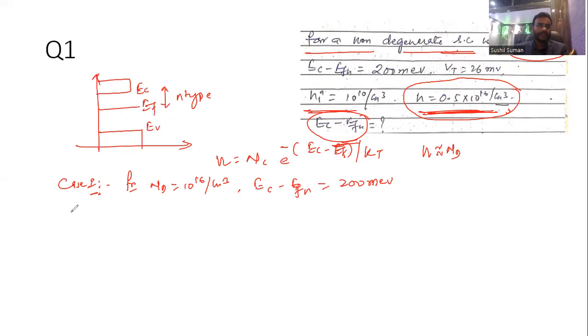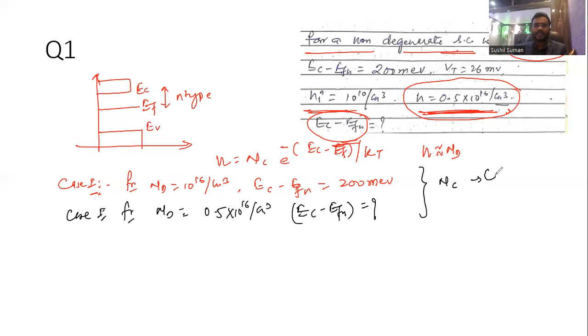Case 2: for ND equal to 0.5 into 10 to the power 16 per centimeter cube, what is EC minus EFN? This is the question. Because there is no change in temperature, NC is constant.